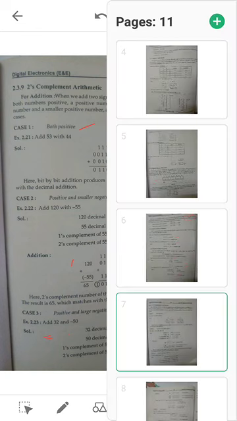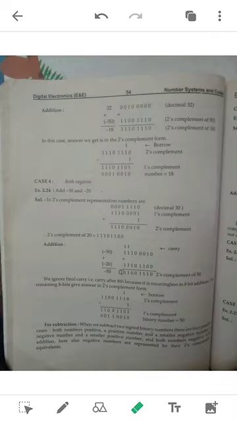Let us see in the next slide. Here we want to perform the addition. So 32 here you can see, and minus 50, so you will get minus 18.